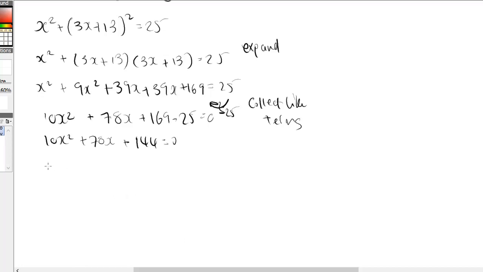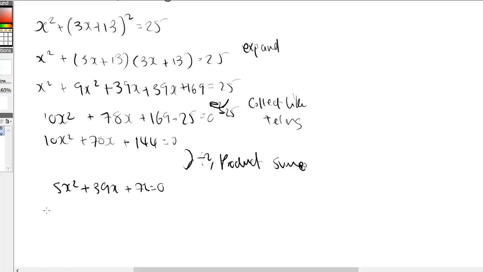Right, so the next step is I use the product sum method. Now I can see that these are all even, so I divide by 2 to give us 5x squared plus 39x plus 72 equals 0.